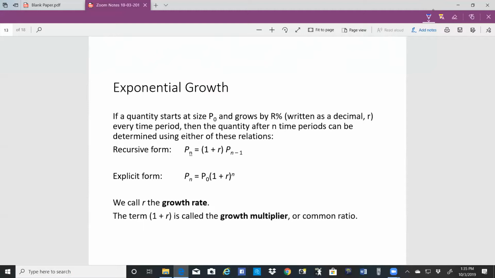But when we talk about exponential growth, we're going to look at two ways to do it. Let's just do an example. Suppose you get 10% interest compounded yearly.